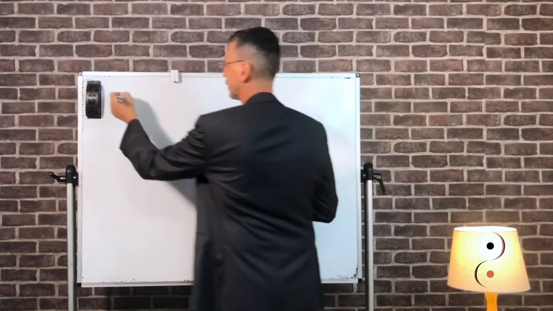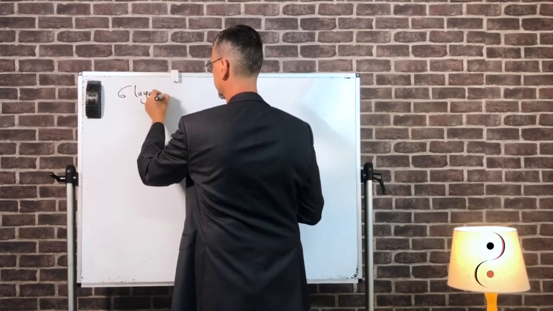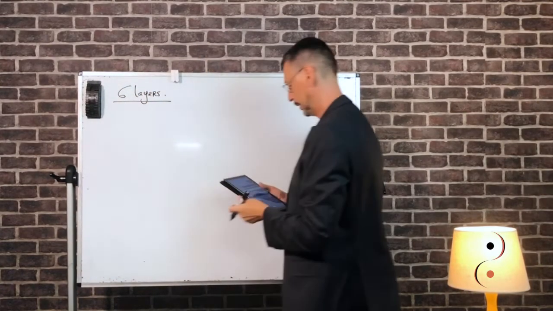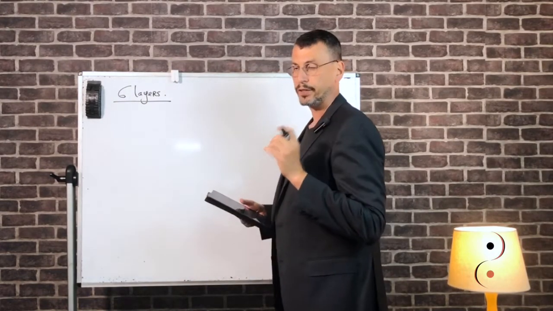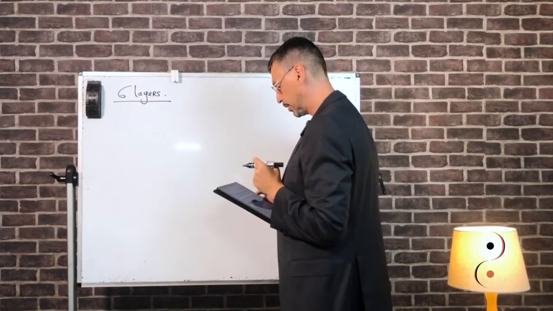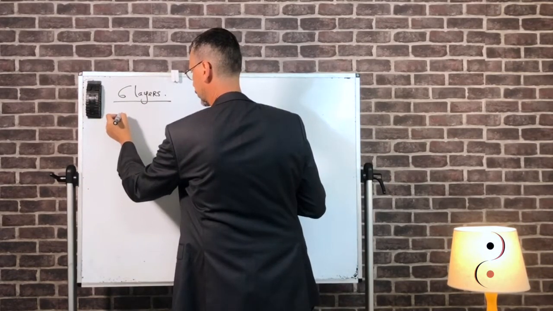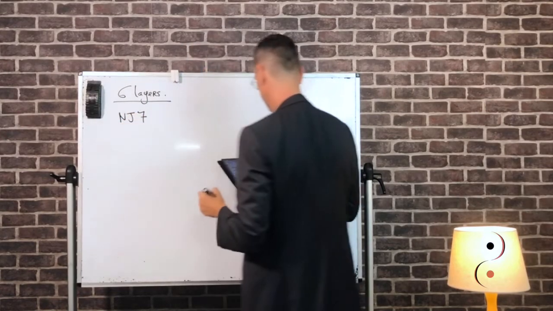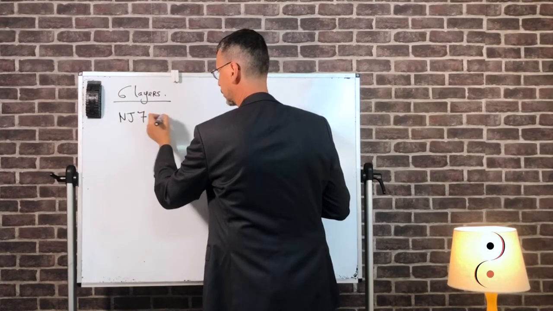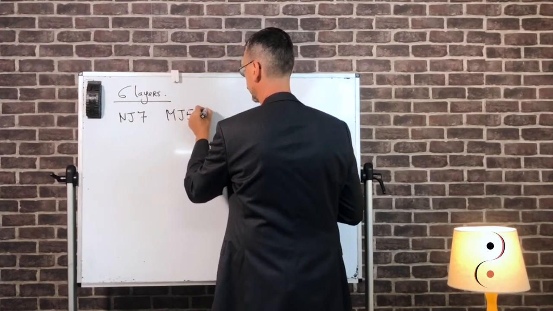Concerning the 6 layers, the specific pulses of the 6 layers is described in the 7th difficulty of the Nanjing. So Nanjing 7. In the 5th book of the Maijing, Maijing 5, chapter 2.